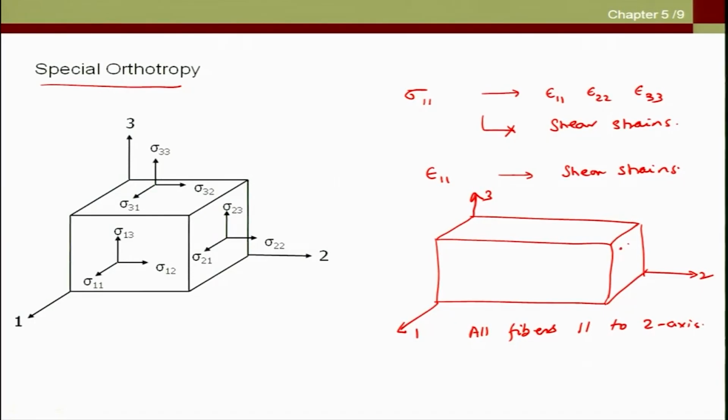So, when I look at this picture, the fibers at this end look like this. We just see the tip of these fibers, and the fibers run parallel to the 2 axis.